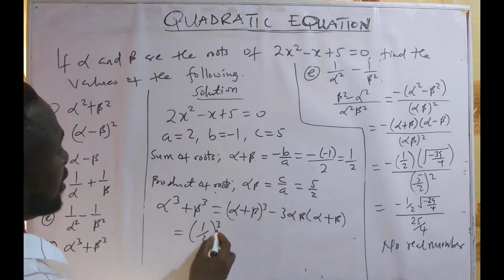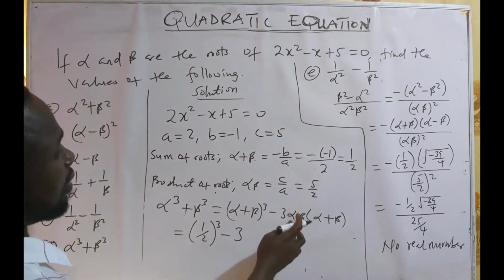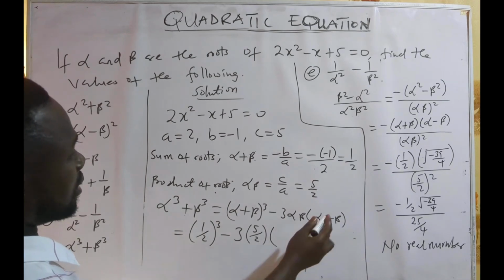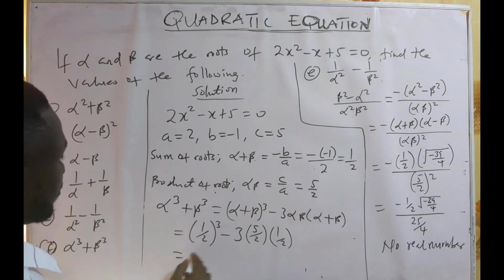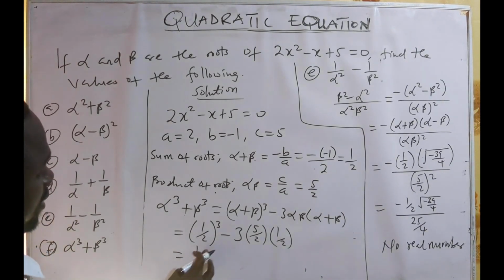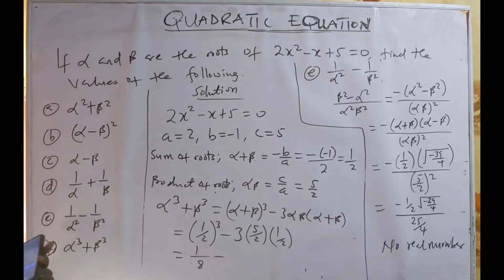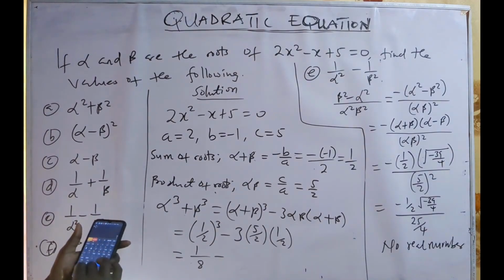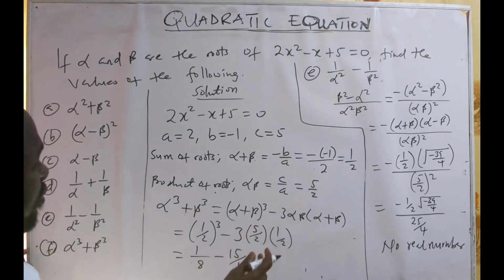So 1 over 2 all cubed minus 3. What is alpha beta? 5 over 2. Then alpha plus beta, which is 1 over 2. So we get 1 over 8. Minus, so 3 times 5 over 2 times 1 over 2, we have 15 on 4. 3 times 5, 15 on 4.